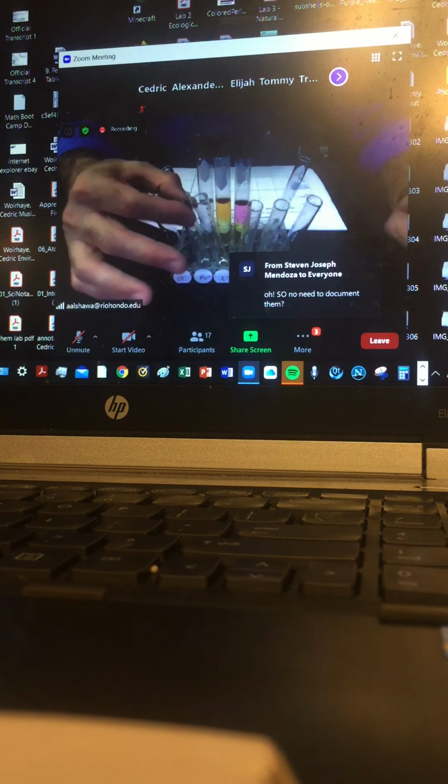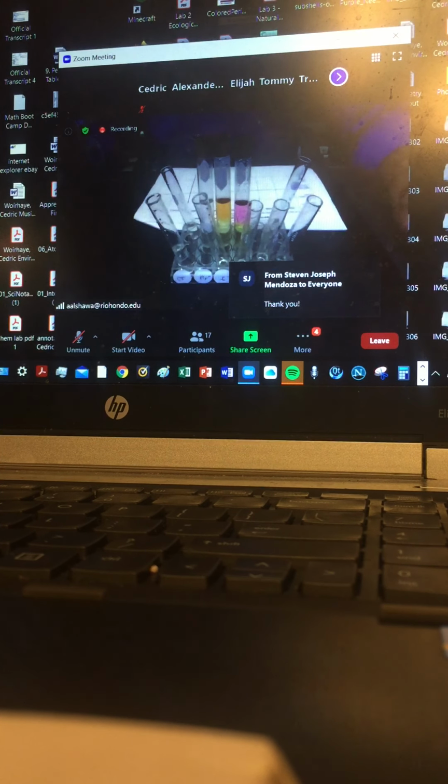So I want to add hexane layer to the second one. Let me mix it. I don't want to contaminate that solution. So I'm going to mix it. Just 1 second.